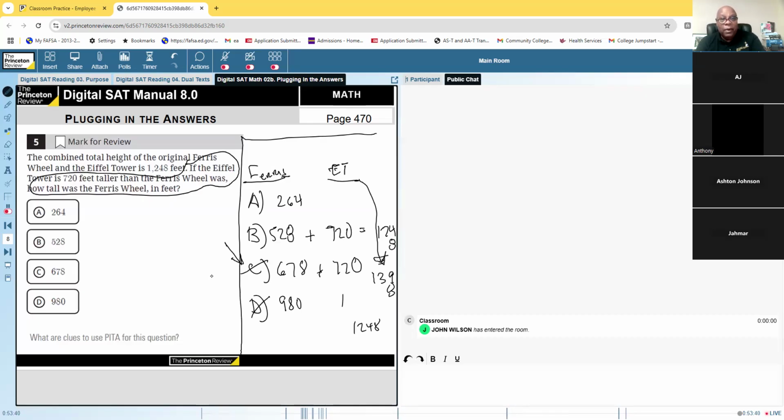Well, by the way, this question is a high math score nightmare. So this is 1,248 for the Eiffel Tower, right? And 528 for the Ferris wheel. Jamar, what's the combined height of the Eiffel Tower and the Ferris wheel supposed to be? It's supposed to be 1,248. So we add 1,248 to 528.